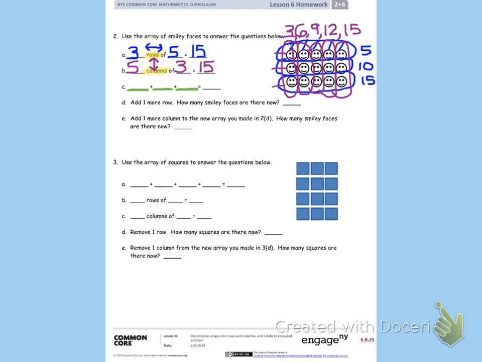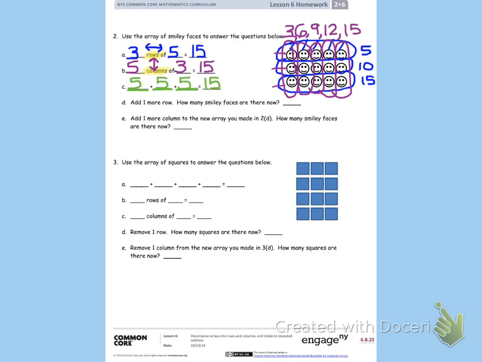So I will go ahead and put my 5s here. That's the same thing as 5 plus 5 plus 5. We already figured out that 3 rows of 5 equals 15. That means that 5 plus 5 plus 5 equals 15 as well.